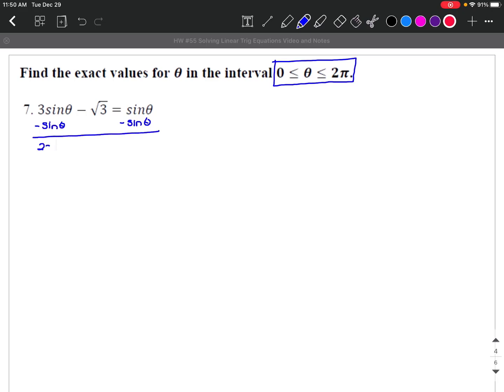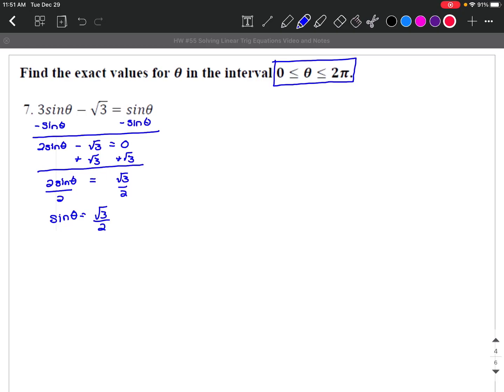So I have 2 sine theta minus radical 3 equals 0. I'm going to add radical 3 to both sides. So I have 2 sine theta equals radical 3. I'm going to divide both sides by 2. So now sine theta is radical 3 over 2.